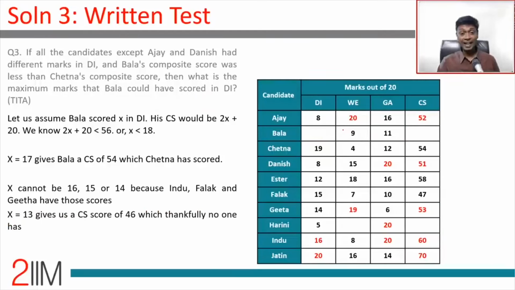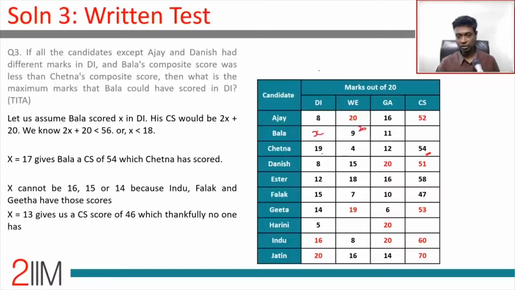If all the candidates except Ajay and Danish had different marks in DI, and Bala's composite score was less than Chetna's composite score, then what is the maximum marks Bala could have scored in DI? Everyone should have scored a different thing. Chetna's composite score is 54. 9 plus 11 is 20.